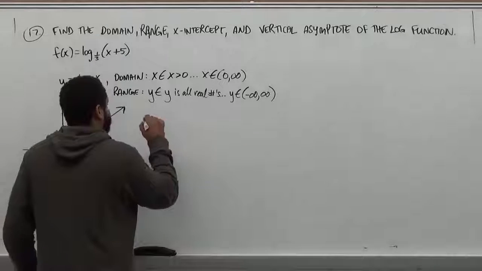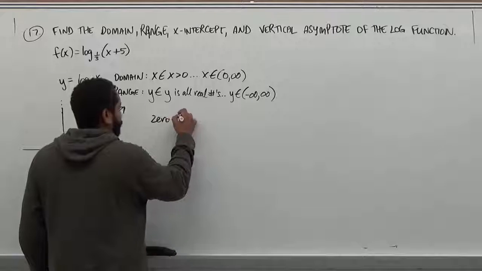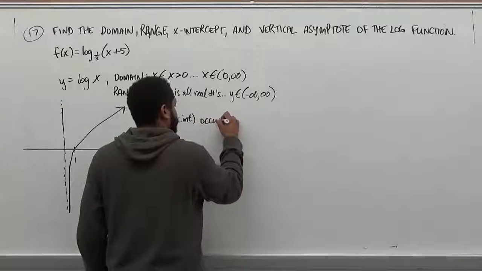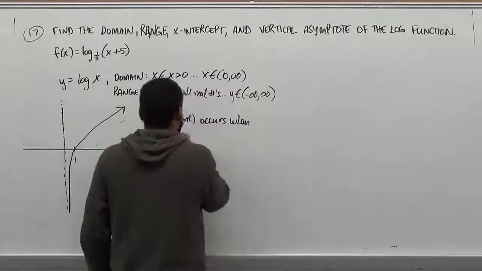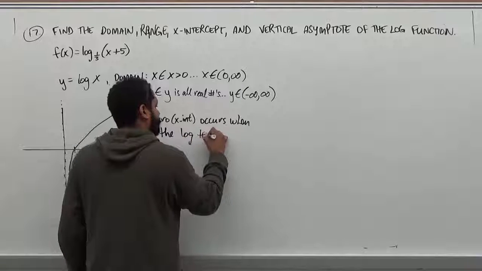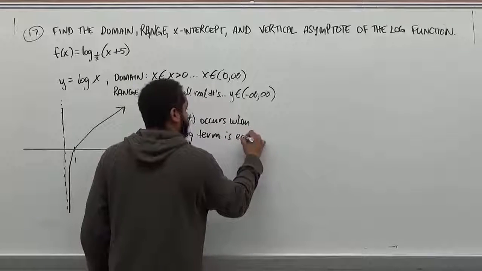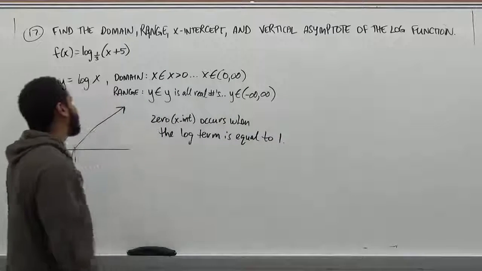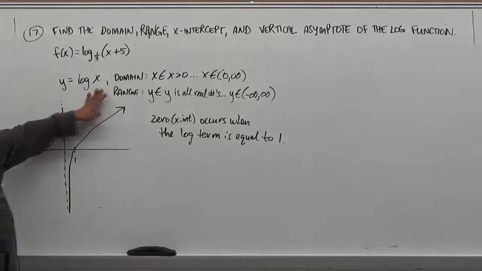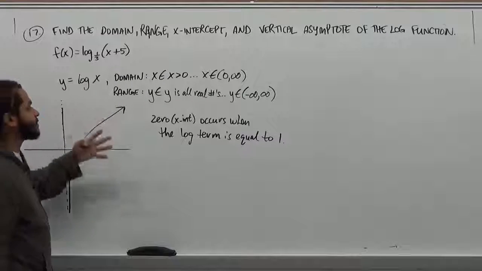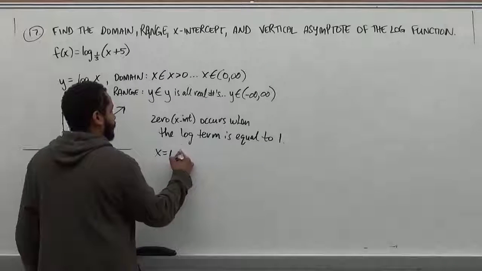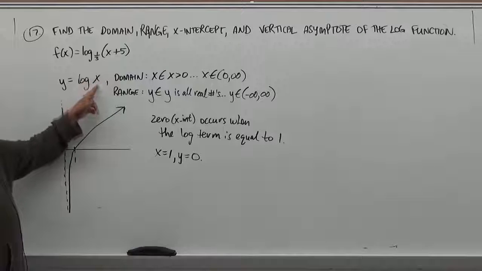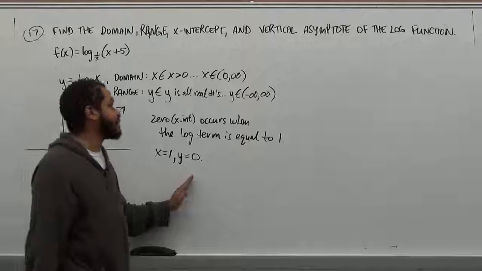So we know that the x-intercept occurs when the log term is equal to 1, not 0. So when we're looking for the intercept of log of x, we know that x equals 1 and y will be 0. This is the case for any kind of logarithm. Whenever the term inside the log is equal to 1, you get your x-intercept.